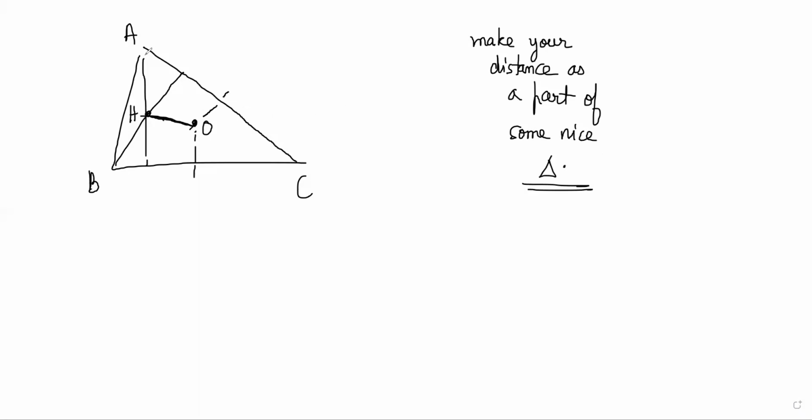If you connect OA, then I get a triangle AOH about which I know some stuff. You will do the cosine rule.